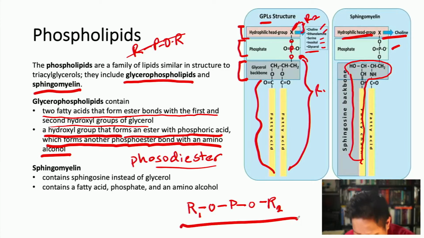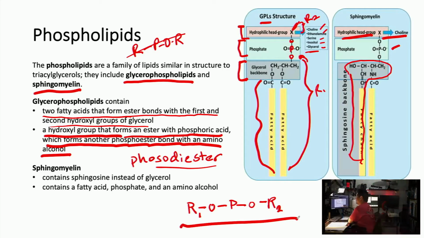Phosphodiester bonds are actually very prevalent in DNA because your DNA is made of a phosphodiester backbone interlinked with sugars, actually, riboses. But we'll talk a lot about those phosphodiester bonds and those riboses when we get to the DNA part of our class. Then we have our sphingosines.